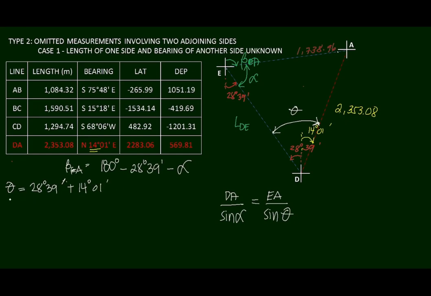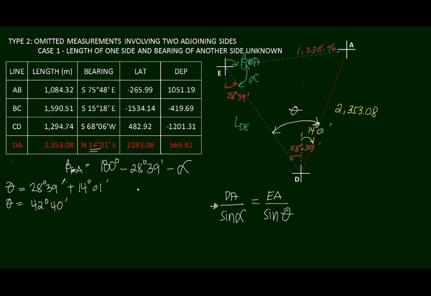Right? So, therefore, my theta here is equal to, kindly verify my answer, that is 42 degrees, 40 minutes. Okay, yan yung aking theta. So, I can now use my sine law here. Ito, magagamit ko na siya ngayon.